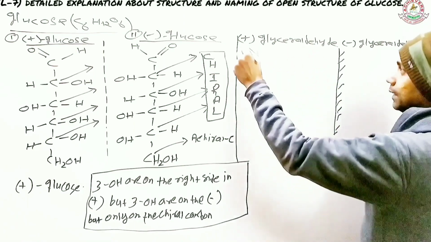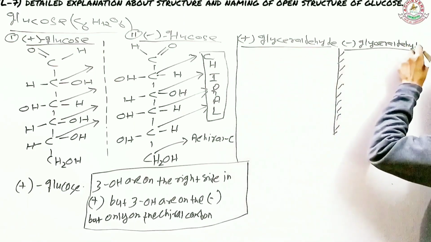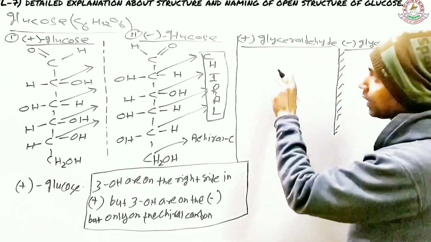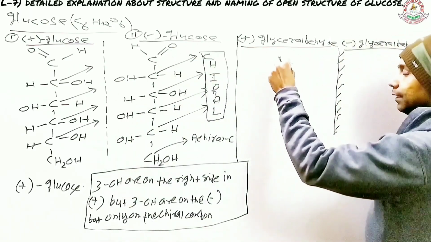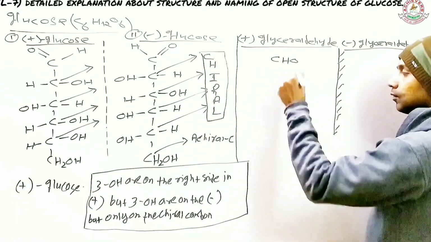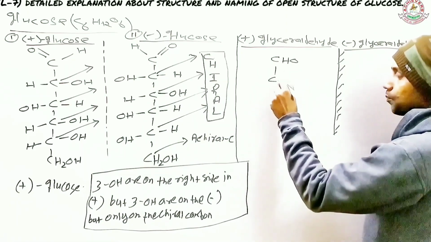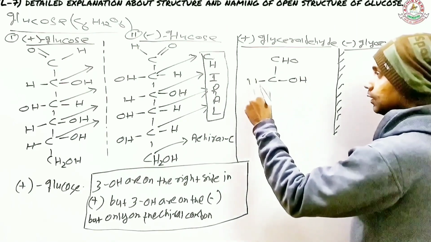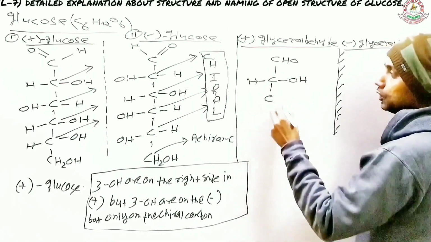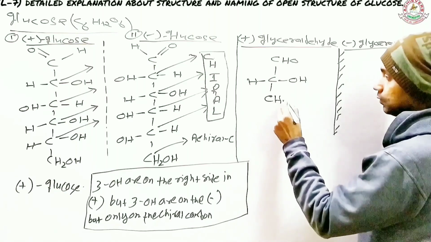What this glyceraldehyde is, this is very important, because this particular compound has something very important related to the glucose molecule. Glyceraldehyde has CHO, and you have another carbon where OH is on the right hand side and hydrogen is on the left hand side, while there is CH2OH.